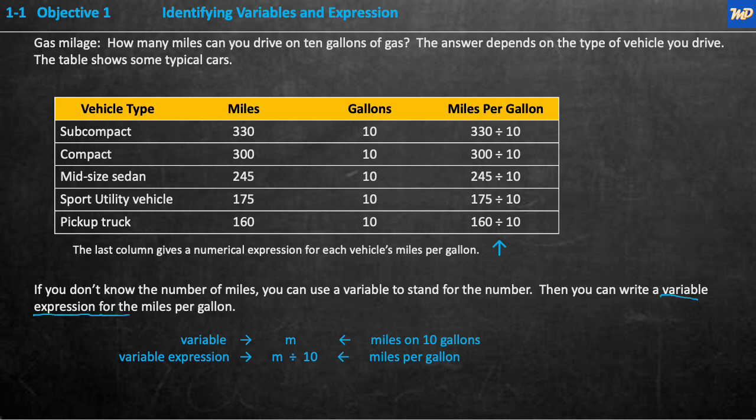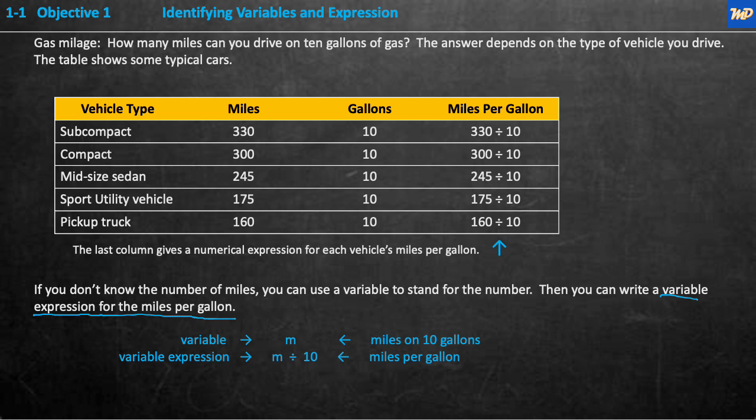We're going to use one for the miles per gallon. And in words, what is it? The variable is m for miles. Typically we do that with variables. Depending on what the variable is, you use the first letter of the name of whatever it is you're looking for.